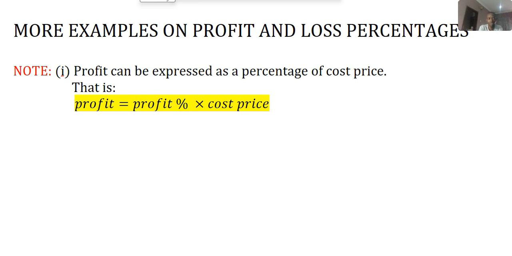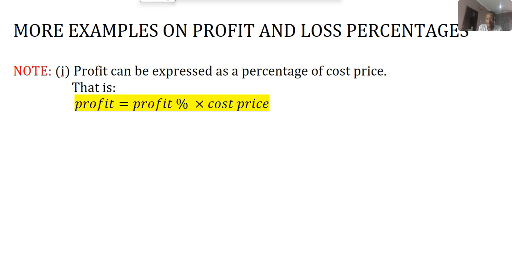We have a formula here, and this formula is applied mostly whenever you are required to find a profit, if the question has supplied you with the profit percentage and the cost price, and the question is only asking you to find the profit.